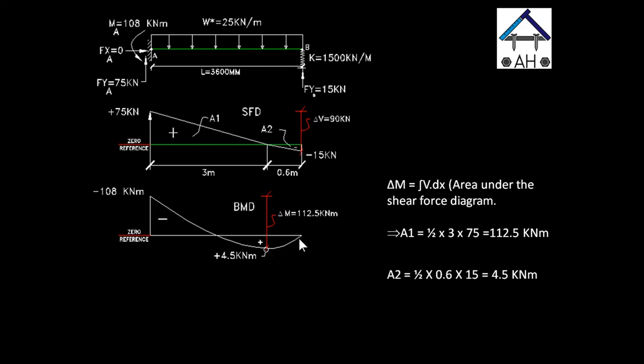So now we can continue the positive moment, that curve from 4.5 kilonewton meter to 0 at the end of the beam at point B. Remember, there is no moment at the spring supports, so it just ends at 0. Unless, of course, we had applied a rotational stiffness or rotational resistance at the beginning of the problem, then we would have probably had some sort of moment.